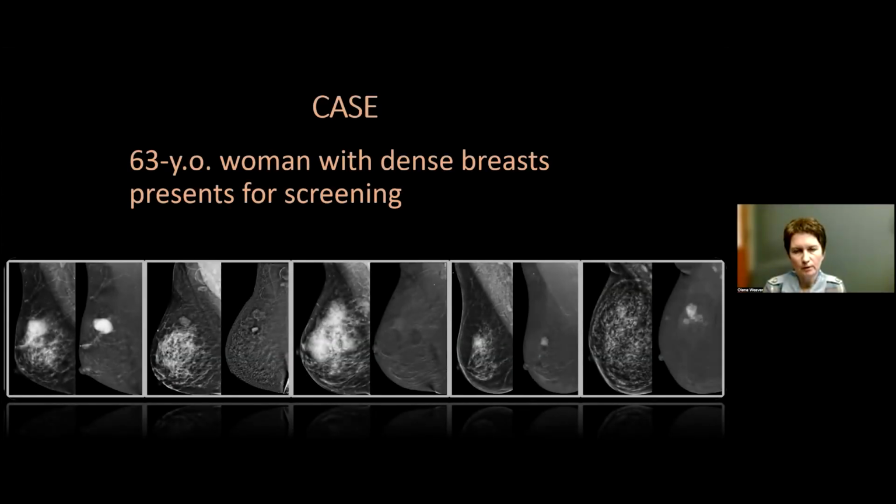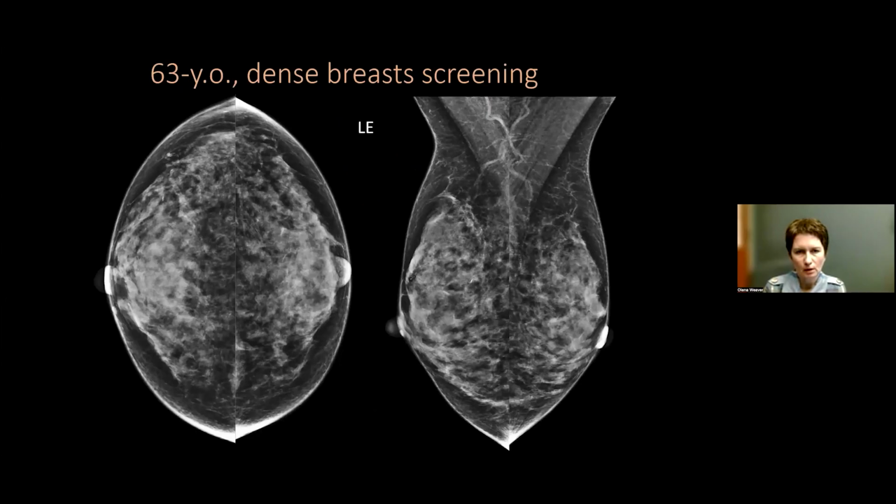This is a 63-year-old woman with dense breasts who presented for screening within one of our research protocols. So these are her low energy images, bilateral, dense breasts, as expected, a little suboptimal positioning on the craniocaudal view with the nipple not quite in profile.